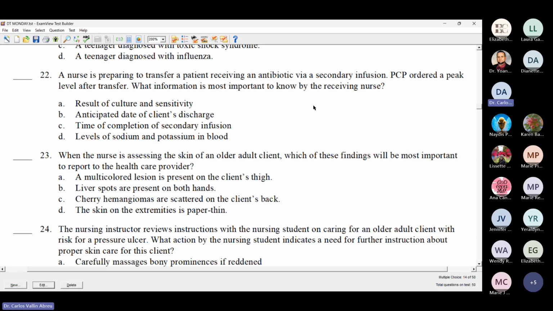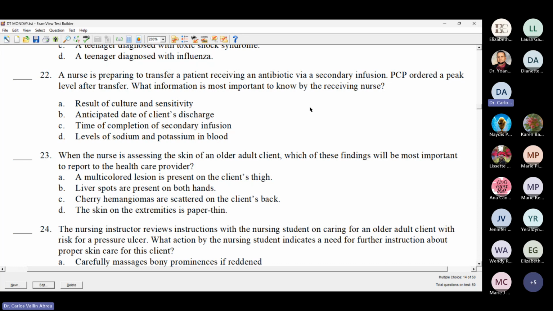So you need to know at what time the dose was given to know when to draw the blood to see how the level is. The level is not going to be determined immediately after giving the dose, because it takes a certain time for the medication to be distributed and stabilized in the blood level.